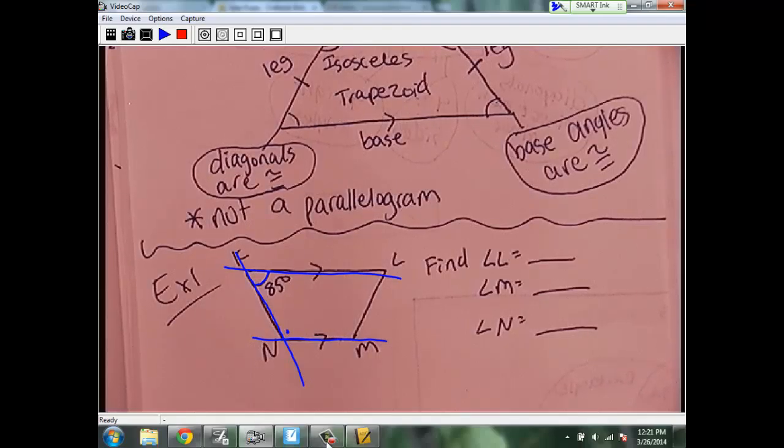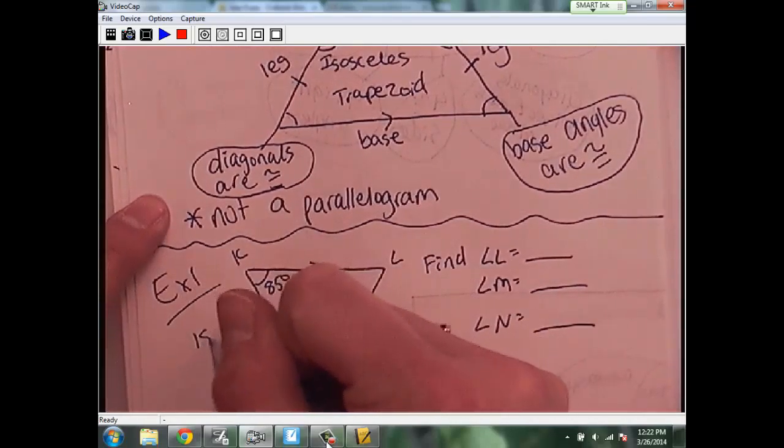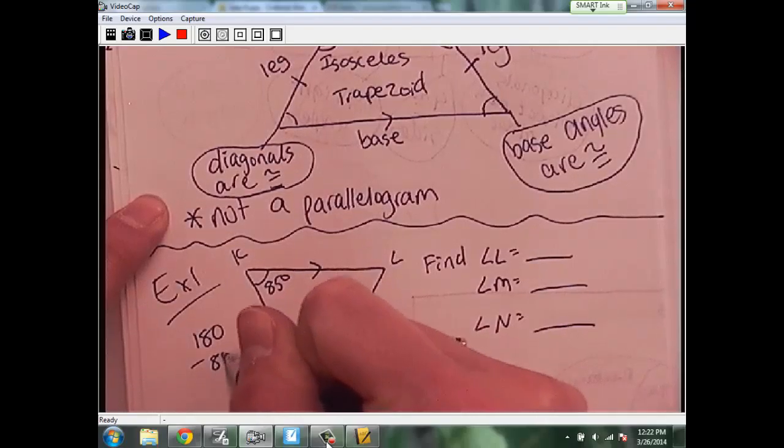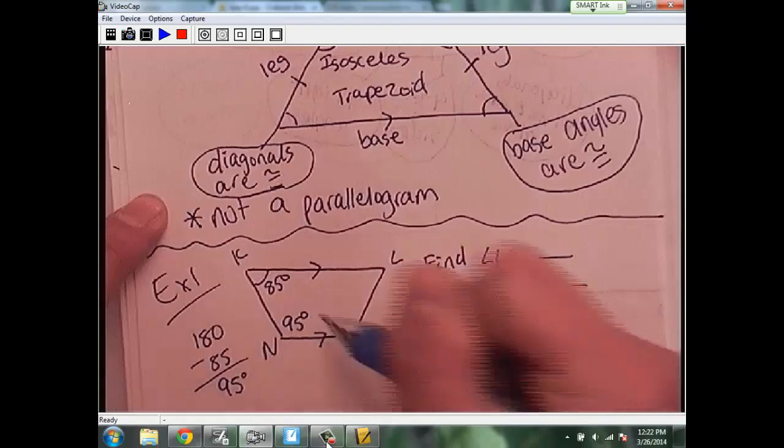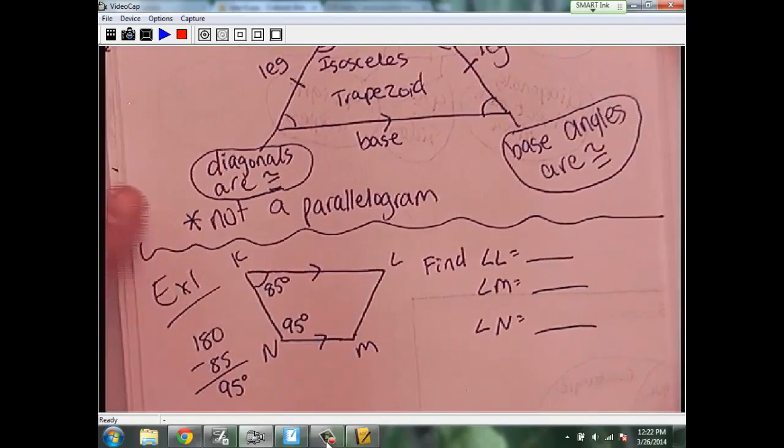These are supplementary. So this one plus this one add up to 180, right? So knowing that, to figure out what angle N is, I can go 180 minus 85. That gives me 95 degrees for angle N. It's obtuse, it makes sense. It's greater than 90.